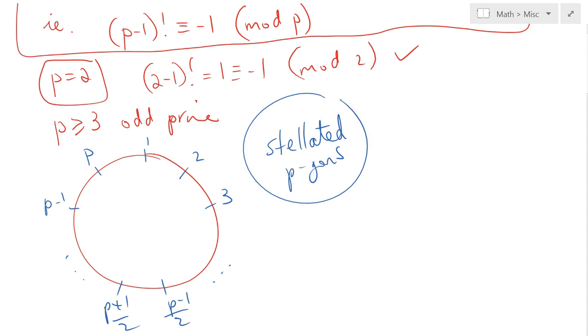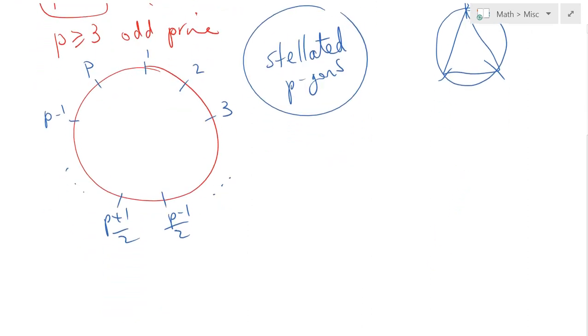For instance, in the case of 3, there's only one way, and you do this. That's it. So the more interesting case is when P is equal to 5, and then it will also give us a clue on the generalization. So let's consider the case P is equal to 5 for now, and let's see how many different ways we can create this stellated p-gon.